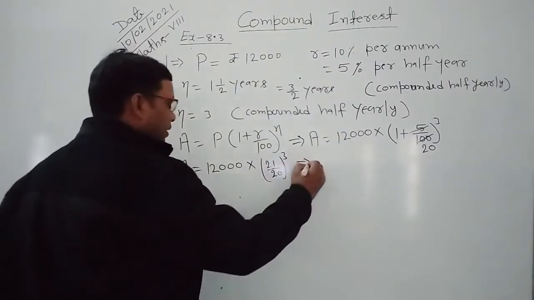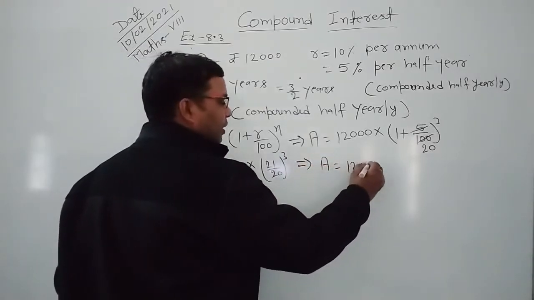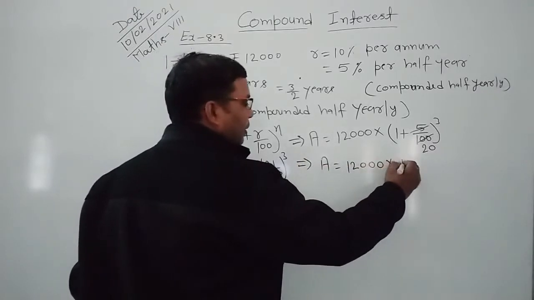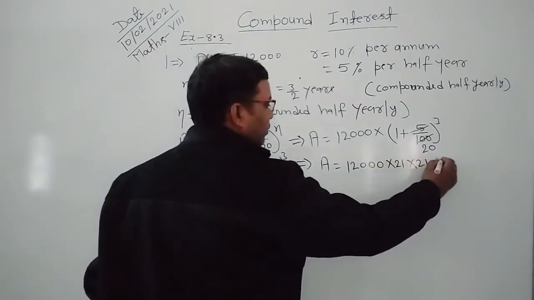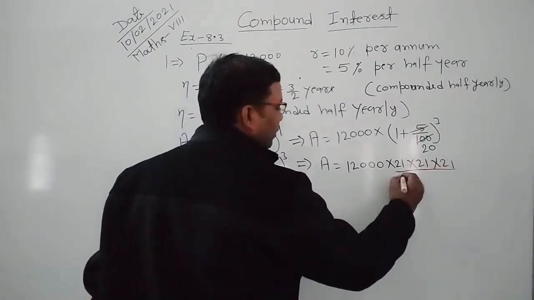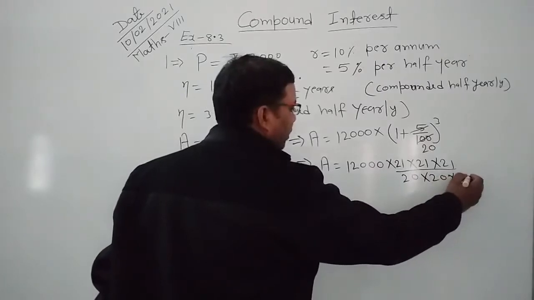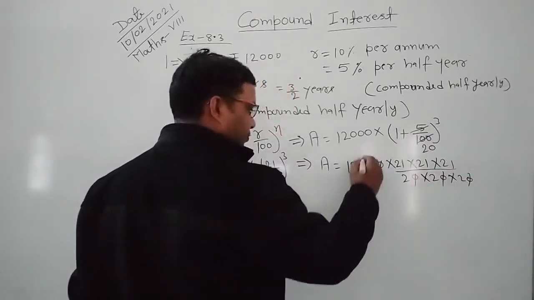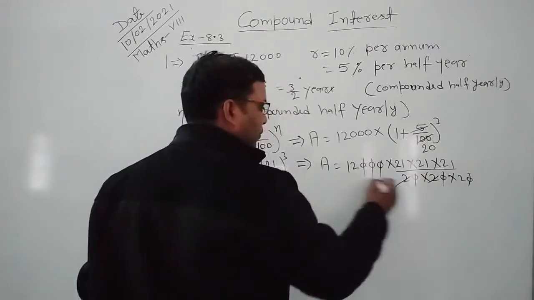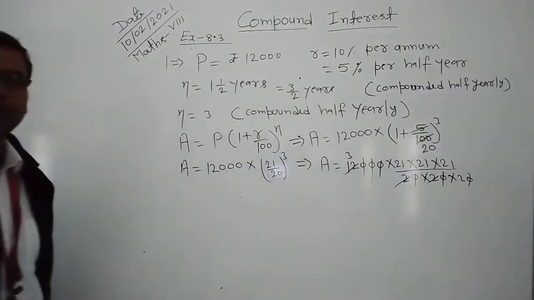Or you can write amount is equal to 12,000 into 21 into 21 into 21 by 20 into 20 into 20. You can cancel here, and 4 3s are 12. This is clear now.